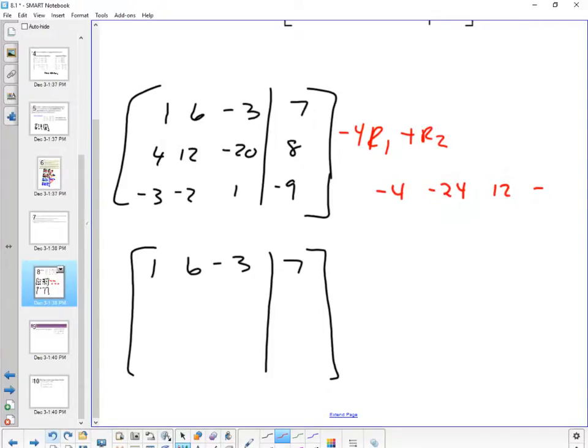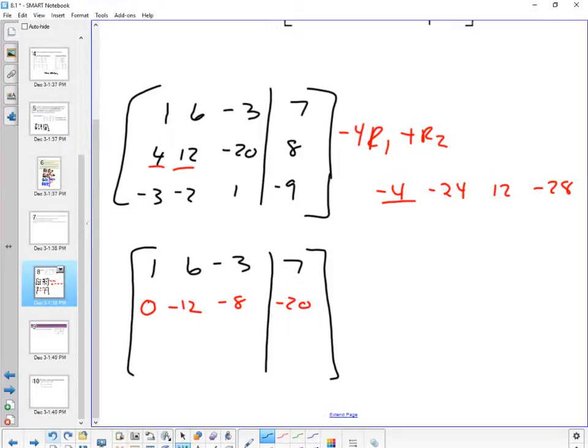And finally, -28. Someone double check my work? Yep. Okay, cool. So let's add them up. -4 plus 4, 0. 12 minus 24, -12. -20 plus 12 is -8. 8 minus 28 is -20.